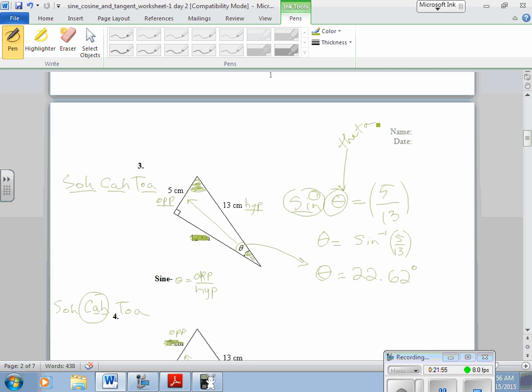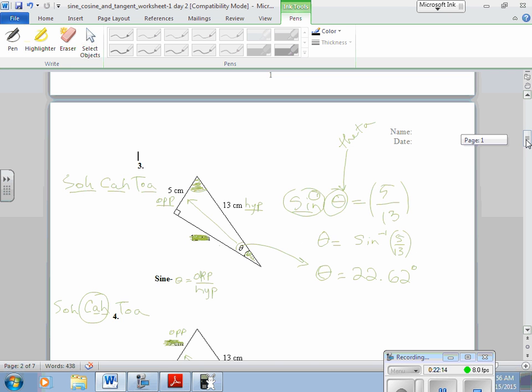We're going to find the angle measurement of it as sine to the minus 1 of 5 over 13. But I want you guys to start referring to it as sine inverse. Say sine inverse, cosine inverse, and tangent inverse. So that's how I'm going to say it.